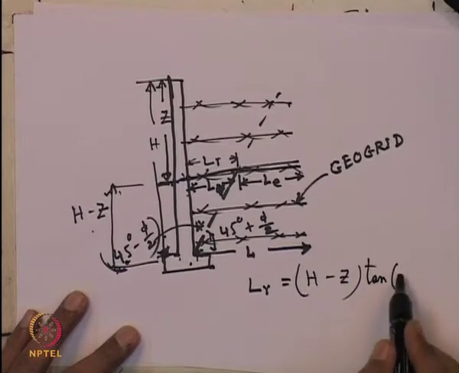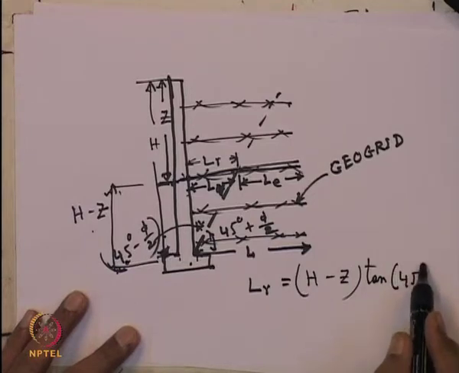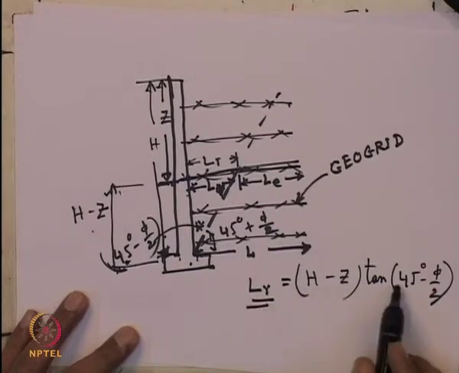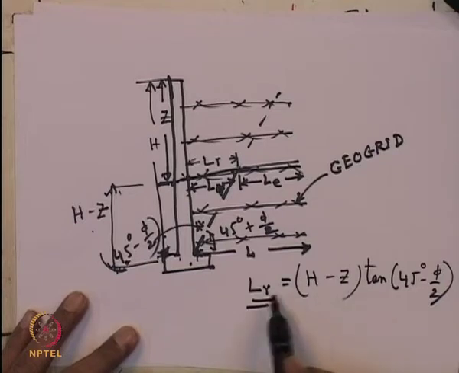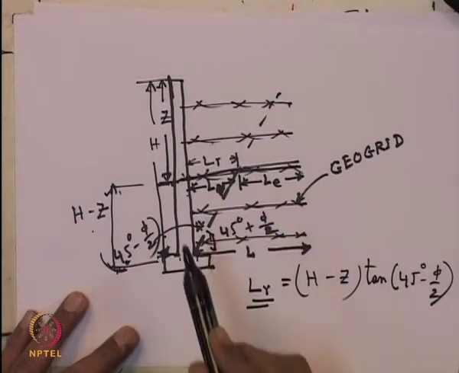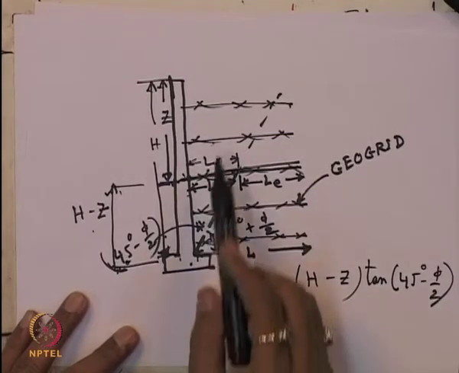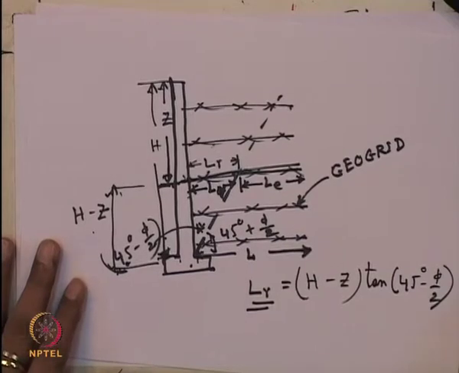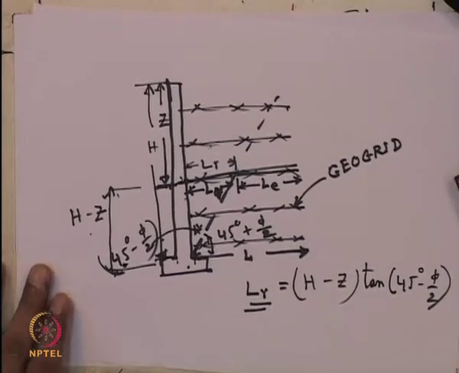From this equation you can calculate the L of R value, that is the non-acting Rankine length at any depth.